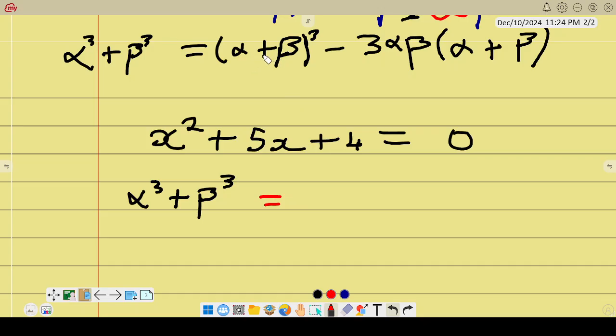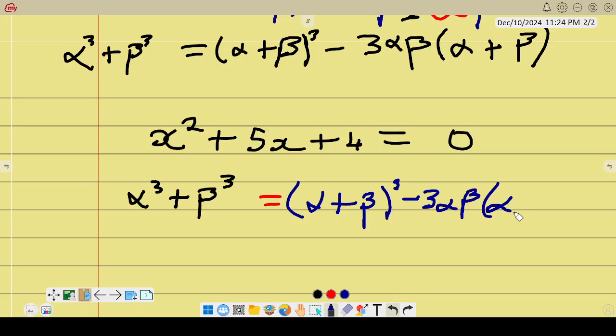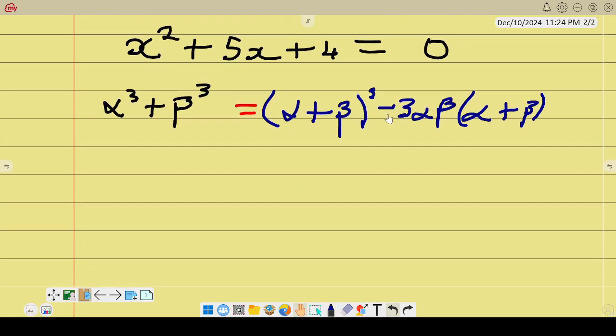So where you have this, it simply means you are going to write alpha plus beta power 3 minus 3 alpha beta, and then we're going to have alpha plus beta. Then it means you are going to work with this, the part in blue.